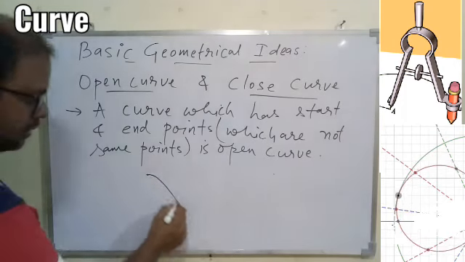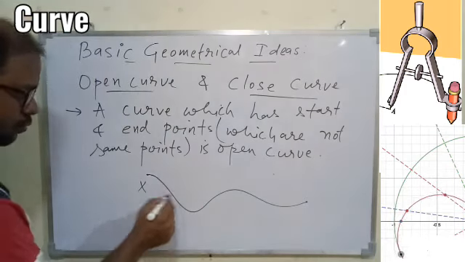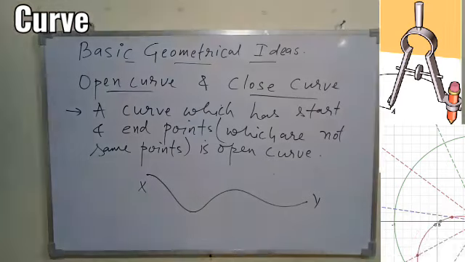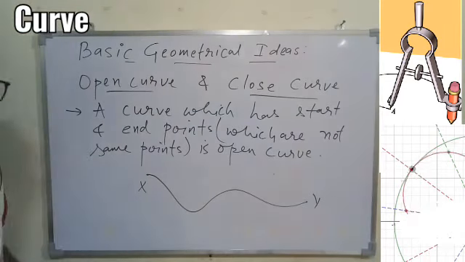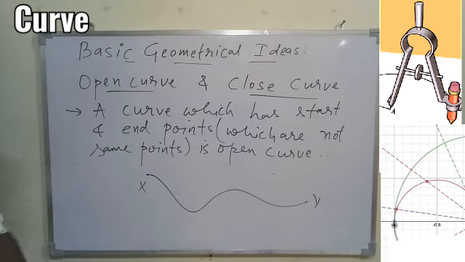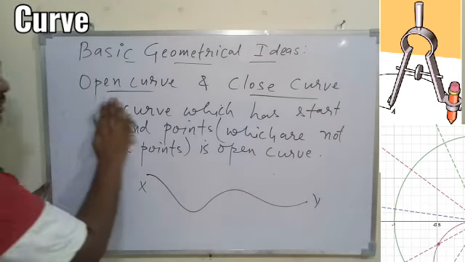We can draw anything, x to y. So x and y are two different points which are not coming together, and the curve you see is basically an open curve. I hope you understood this one.